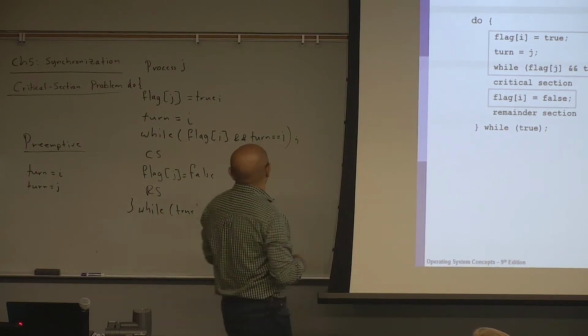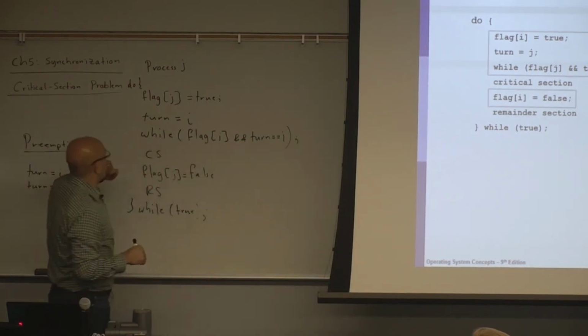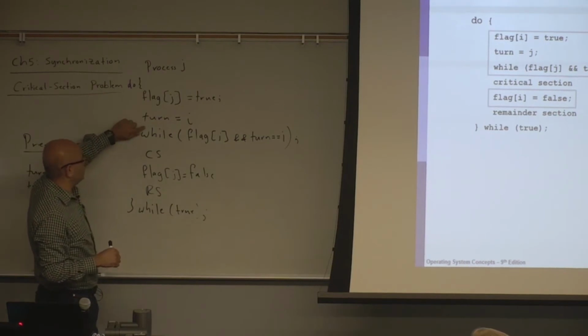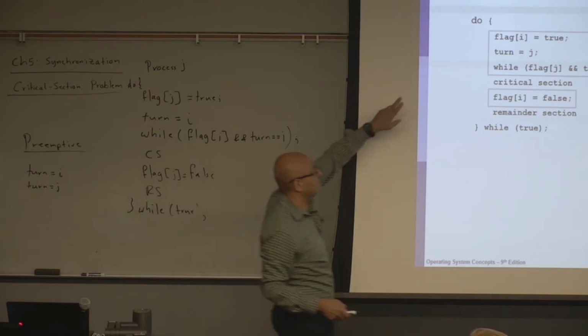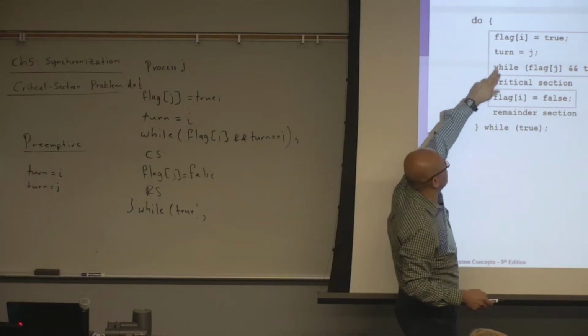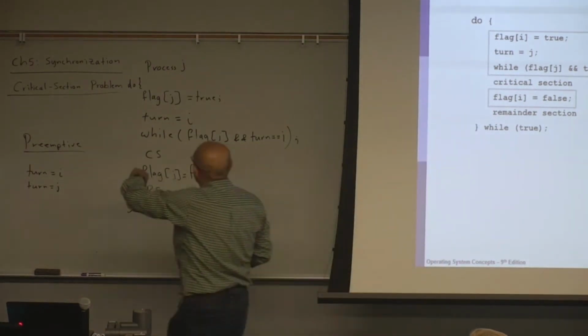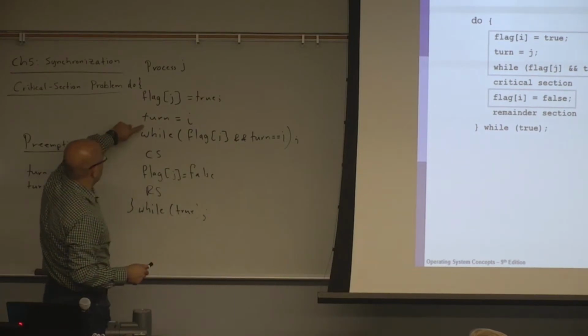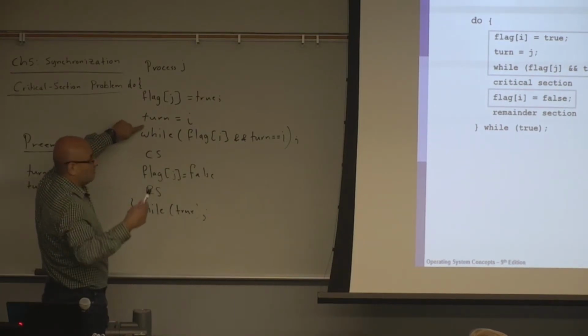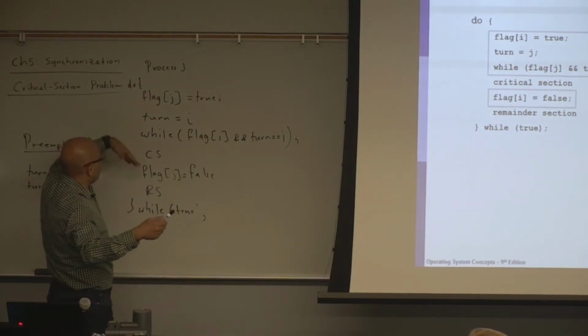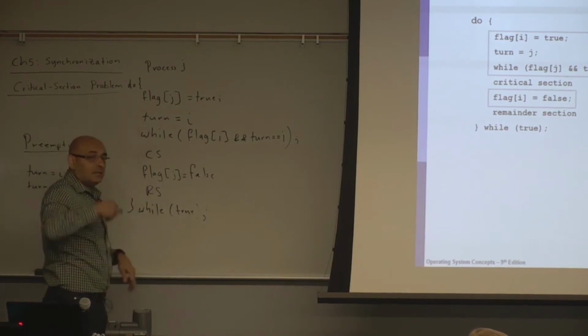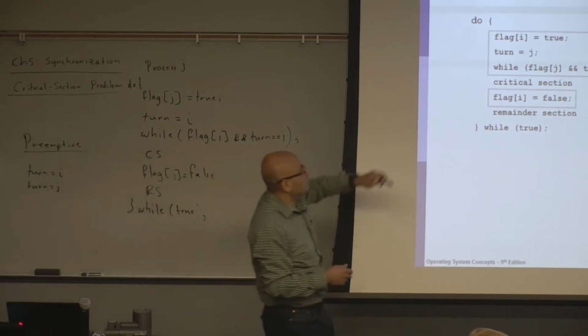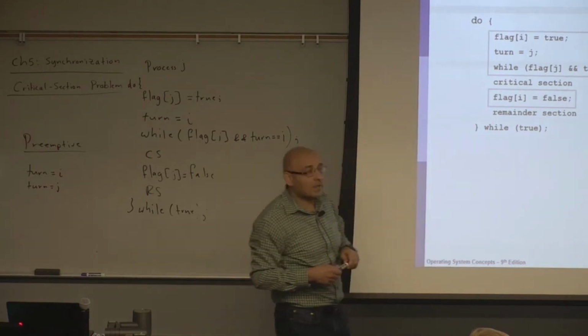Okay, because basically the process that does this last is yielding to the other process. The process that does this first yields to the other process, but then the other process, if it executes this afterwards, it's going to yield. So the last process to execute this is going to yield to the process that executed this first. Okay?